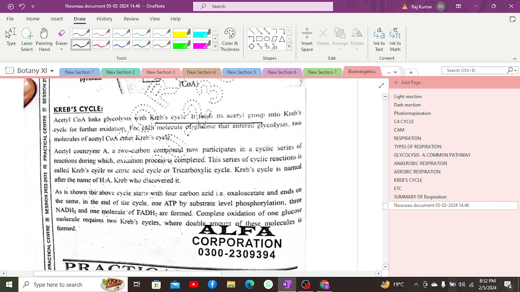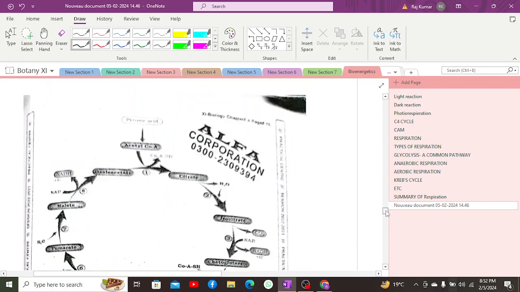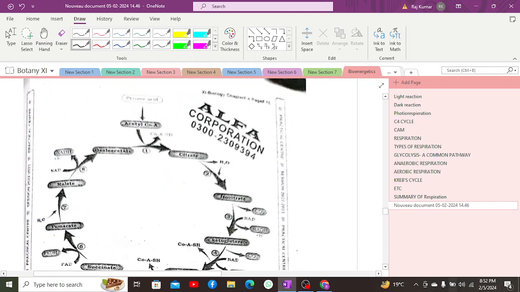The first step is that acetyl CoA is converted into citrate. It is also known as the citric acid cycle or tricarboxylic acid cycle, because citrate contains three carboxylic groups. Here the enzyme citrate synthetase is utilized, due to which citrate is formed.